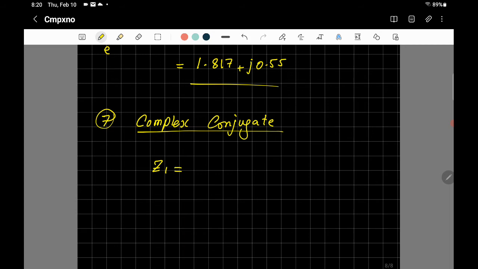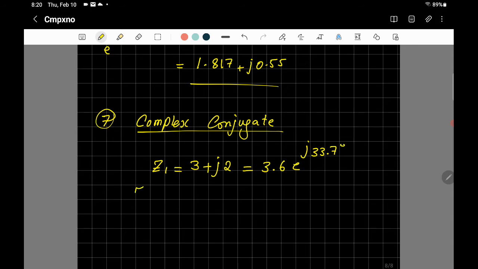I'm going to show you how to do the complex conjugate using both rectangular and polar forms. z1 is equal to 3 plus j2. It's the same as 3.6 e to the power j33.7.